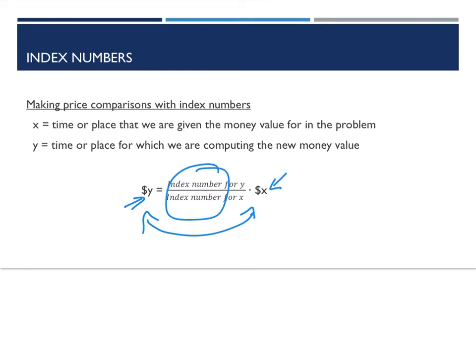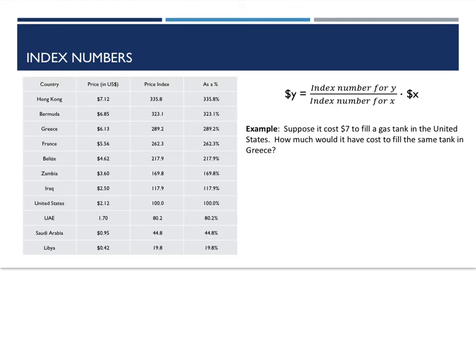Whatever the money is over here on the left, on the right, remember the right hand side is always tied to the bottom. If I'm looking for money, my fraction is going to be made from index numbers. So that's what that means.